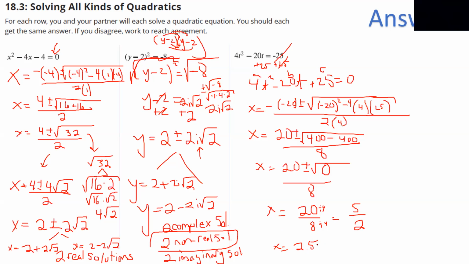So in this case, is this answer imaginary? The answer to that is no. It's not imaginary because we don't have i. Now, is it a real solution? The answer is yes. But how many real solutions is this? In this situation, you have one real solution.